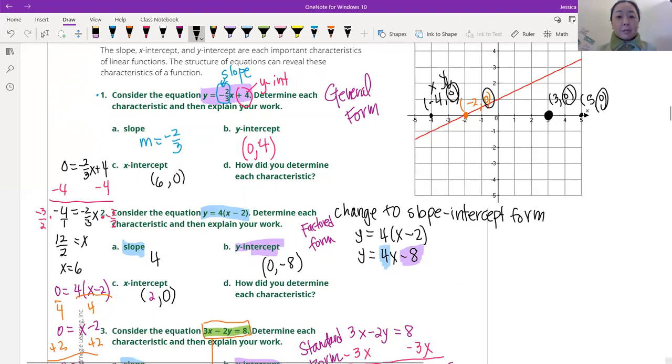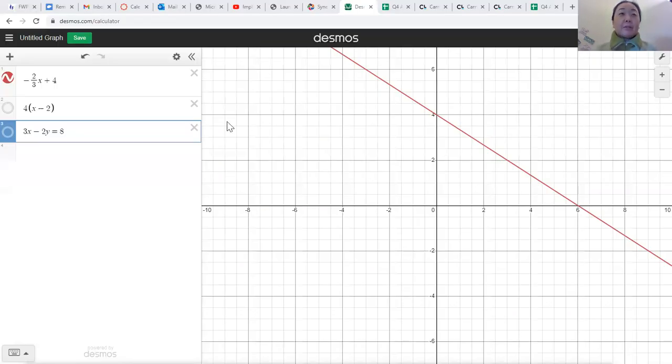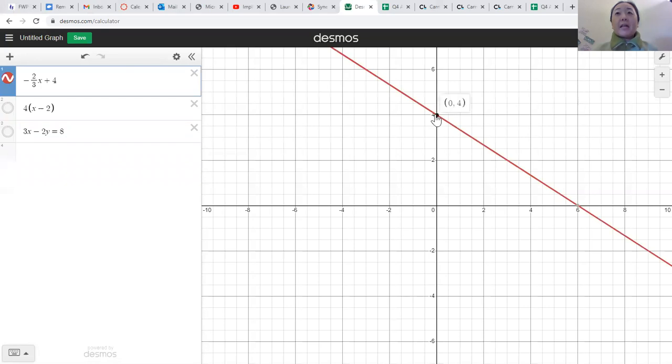Let me pull up Desmos really quick. So as you can see here, I pulled up Desmos and notice right here again, this is at 4 and the x-intercept is at 6, which is what we said.